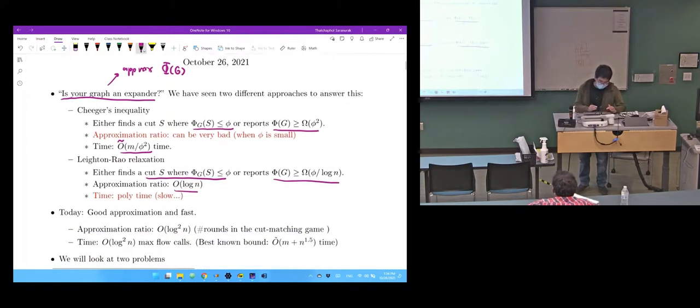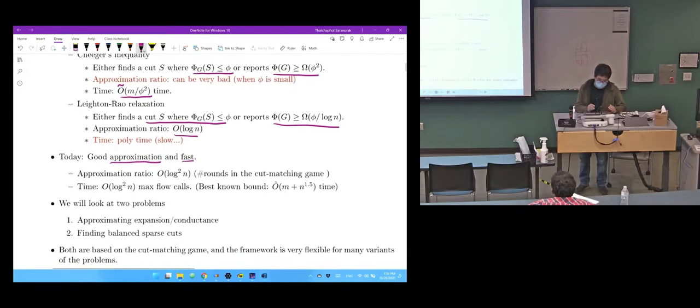And today we're going to see that we can get a good approximation algorithm that is also fast. The approximation ratio will be something like log square, and this log square really comes from the number of rounds in the cut matching game. The time is going to be, for each round in the cut matching game, one max flow call. And the best known bound of max flow is quite fast, right?